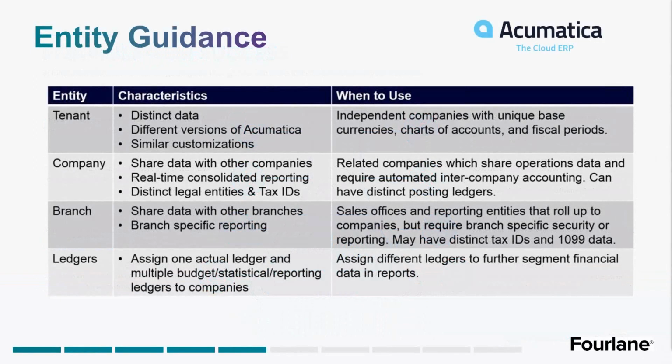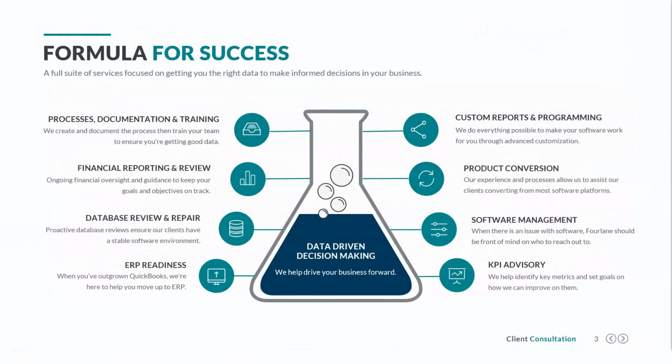All right, so we're going to be talking about multi-entity. Multi-tenancy is one of the key factors when it comes to being able to handle intercompany transactions. So what is multi-tenancy?